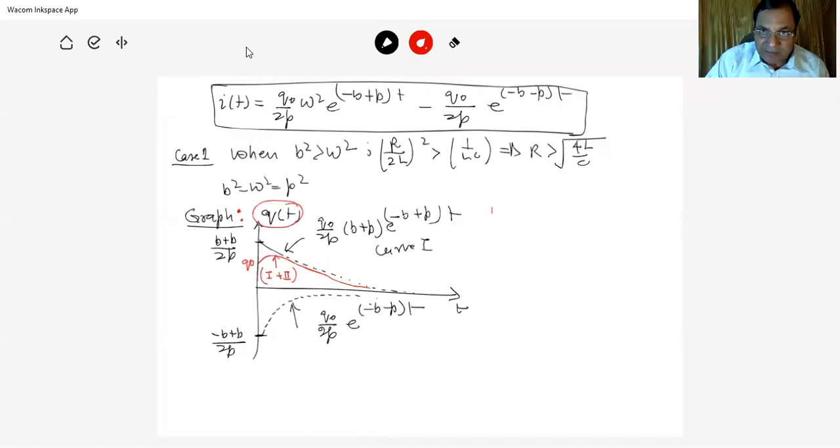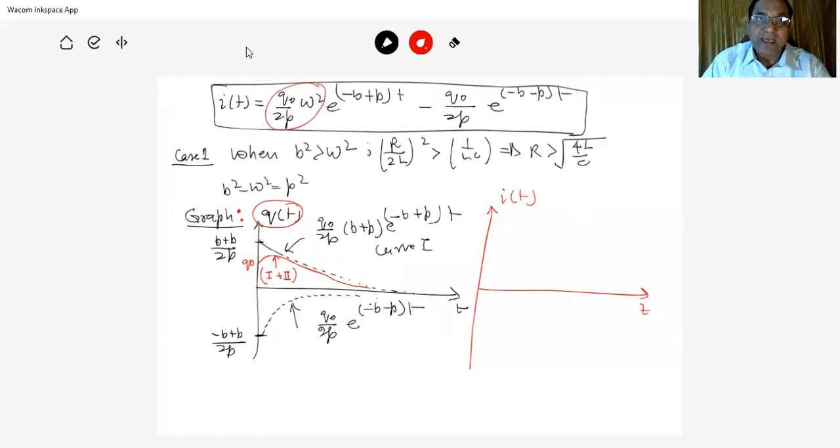If we make the graph for current, if you would like to graph this time I T for current, then in current this whole factor is omega square by 2P. So this value is Q0 omega square by 2P, and this graph will be something like this.